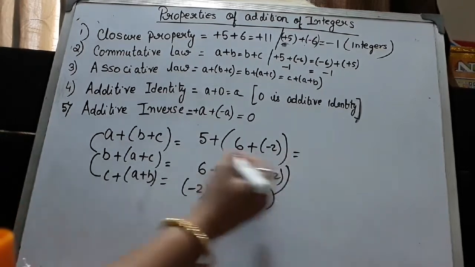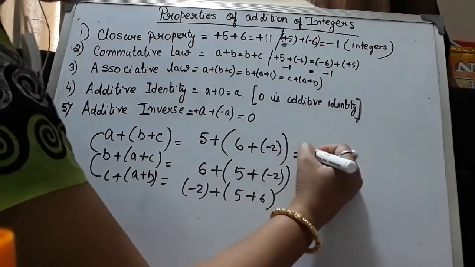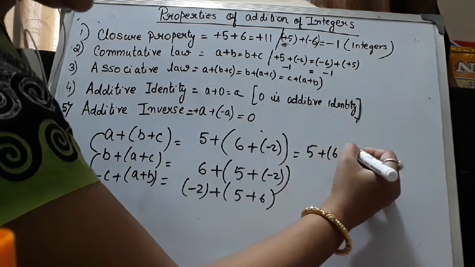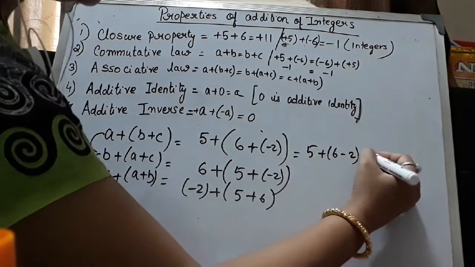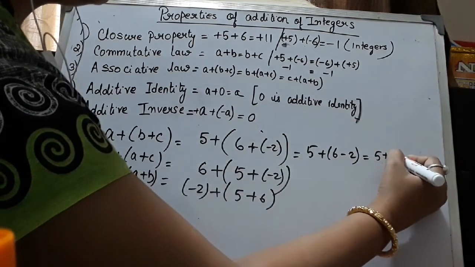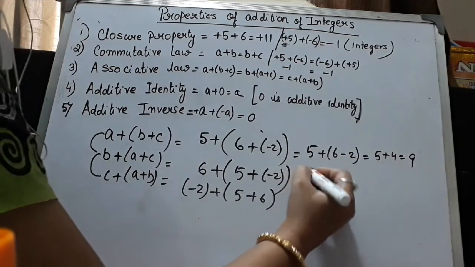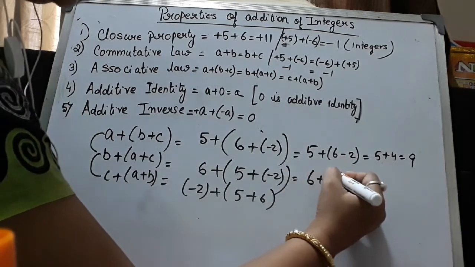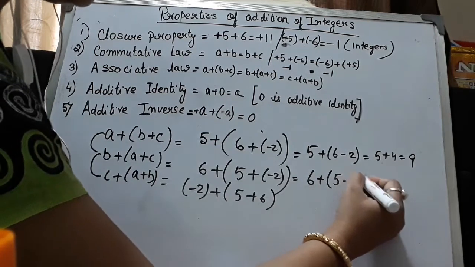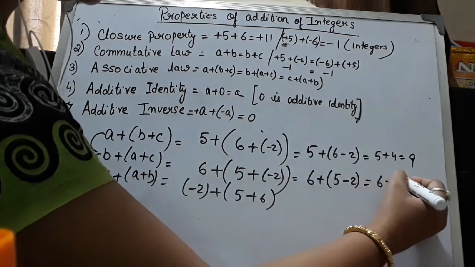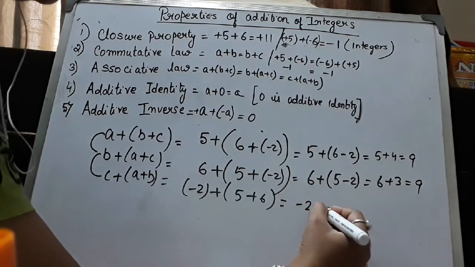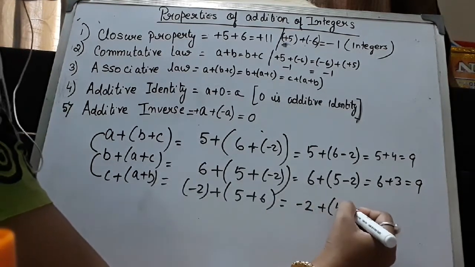So let's check the answer. 5 plus 6 plus -2: inside, 6 plus -2 is 4, so 5 plus 4 is 9. Here, 6 plus 5 plus -2, that is 6 plus 3, which is 9. Here you check -2 plus 5 plus 6.